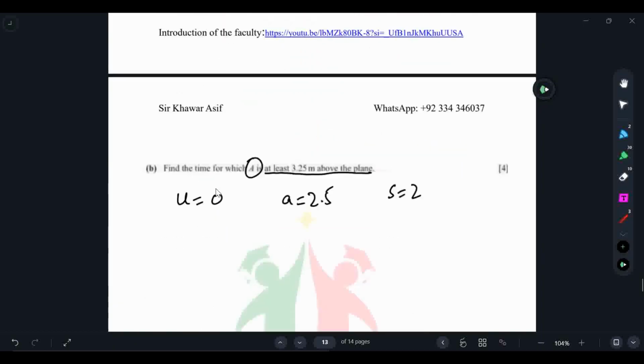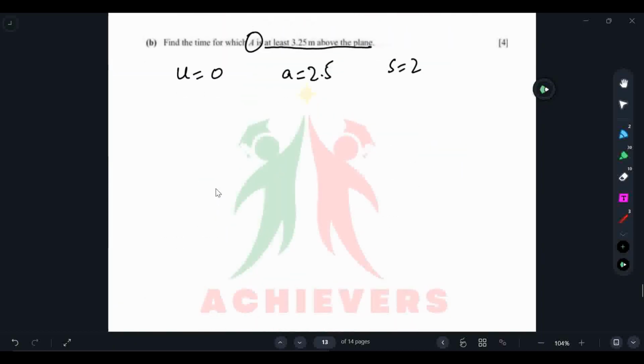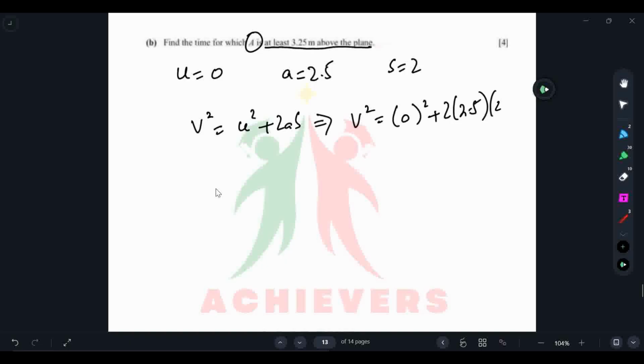So we can use the equation to find the final velocity. v square is equal to u square plus 2as. This v is the velocity of particle A. So v square will be equal to 0 square plus 2 into 2.5 into 2.